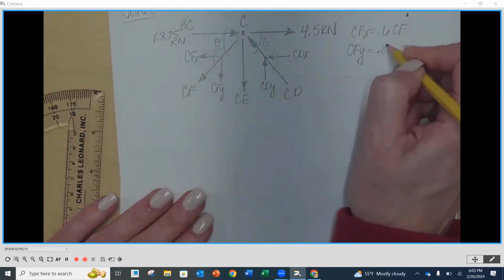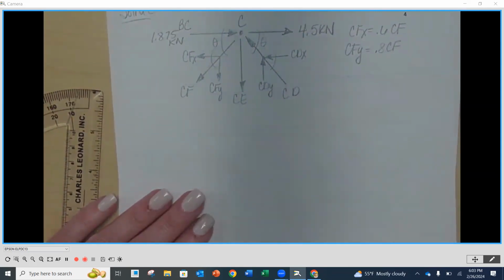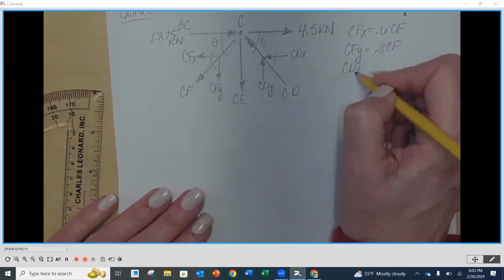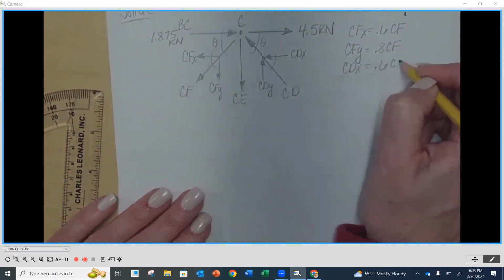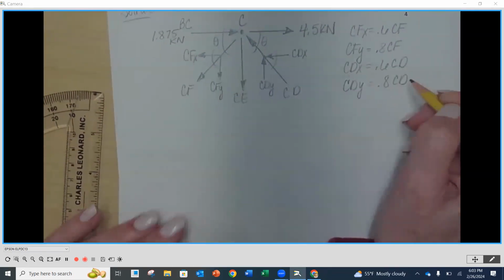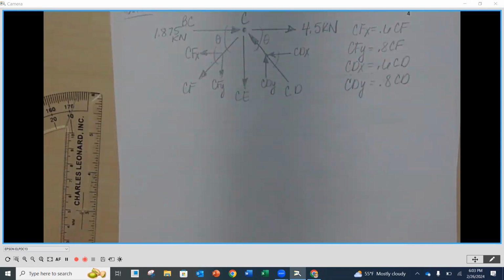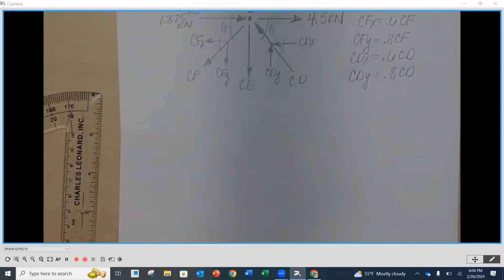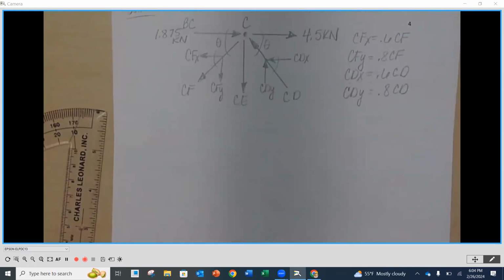CFY is going to be 0.8 times CF. CDX is going to be 0.6 times CD. And CDY is going to be 0.8 times CD. Any questions on that? Make sure you show this, because you're going to see this come up because they're triangles, okay? And they're the same width and height. So these numbers end up being the same angles throughout the truss. That's why we can do that.